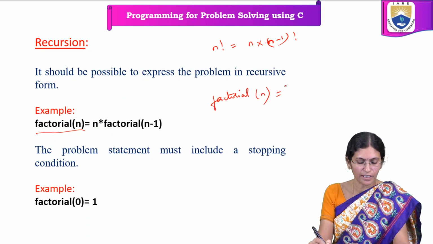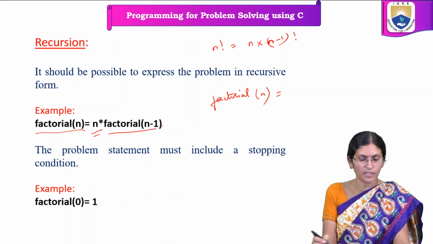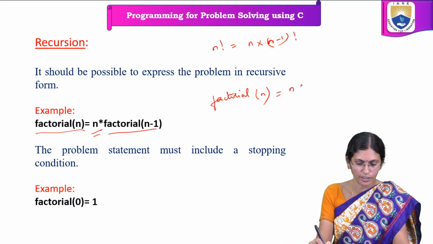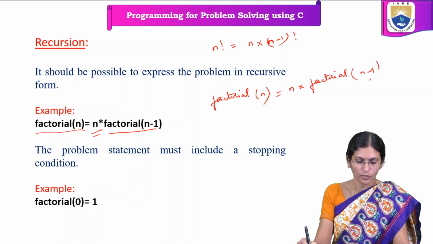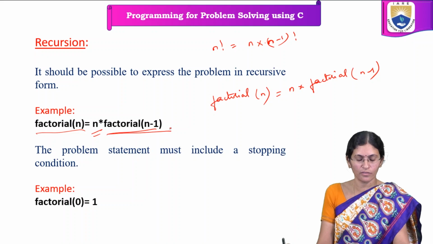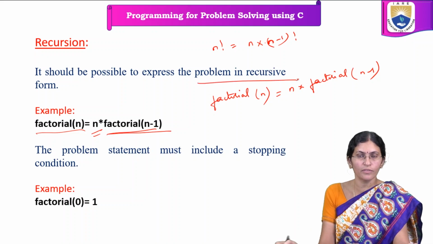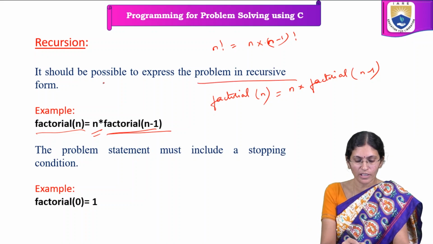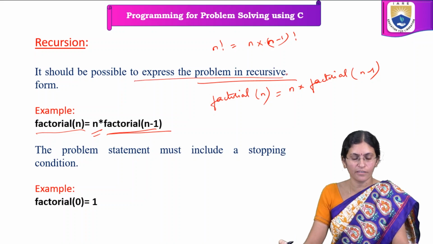This can again be expressed in terms of the function: n into factorial of n minus 1. So again it is calling the same function. That is what is stated here: it should be possible to express the problem in recursive form.